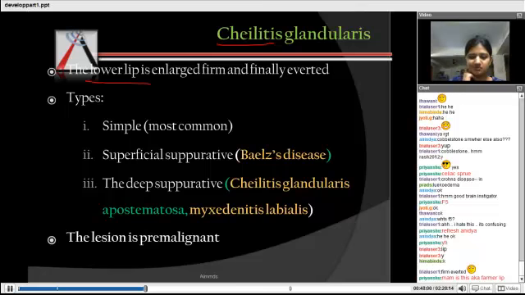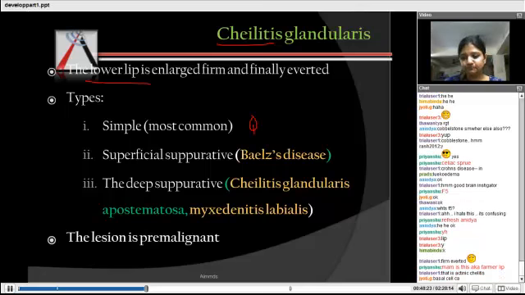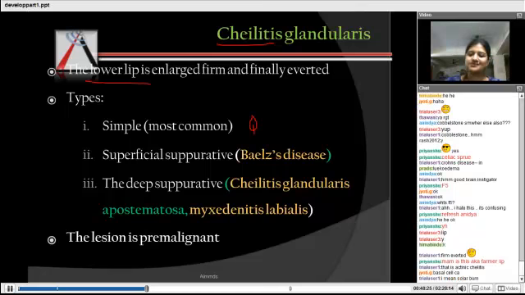This is farmer's lip, little doubtful of that. Now, the three types. Let's get to the three types of cheilitis glandularis. The simple one, which is the most common one, MCQ again. The most common type of cheilitis glandularis is the simple one.